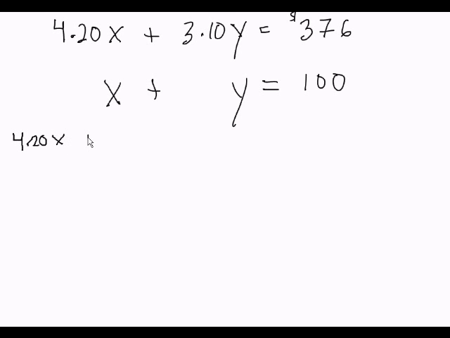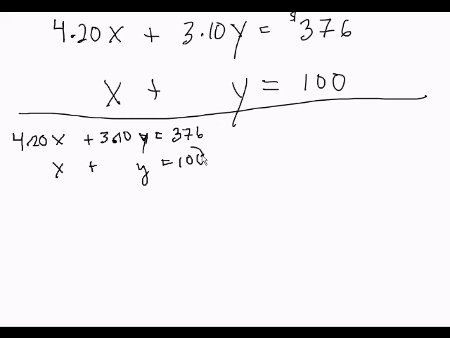I wrote it kind of big, so I'm going to write it again over here. 420x plus 310y equals $376. And then I have x plus y equals 100. So here are my two equations.